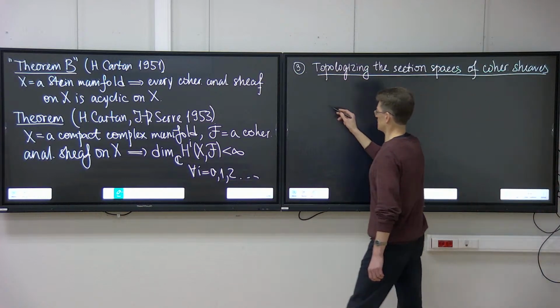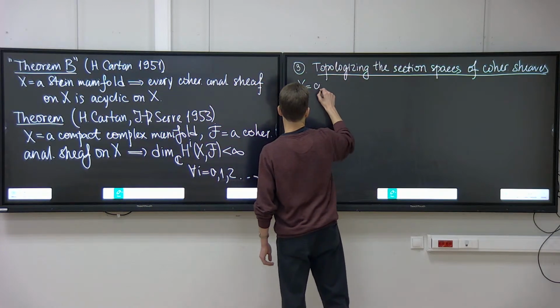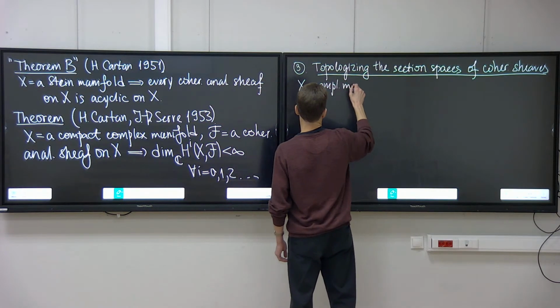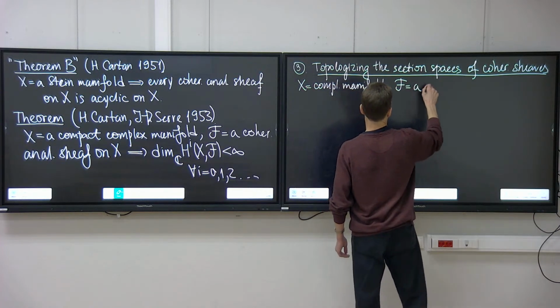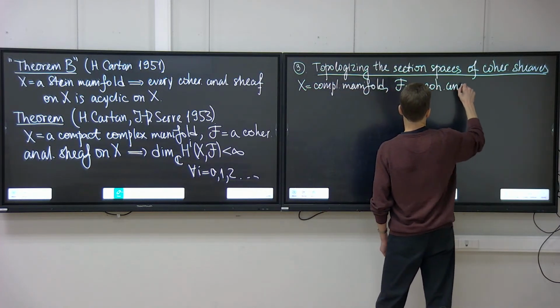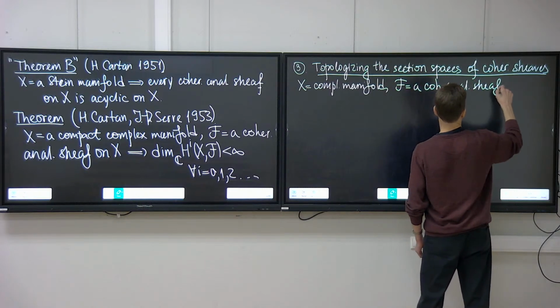So suppose that X is a complex manifold, and F is a coherent analytic sheaf on X.